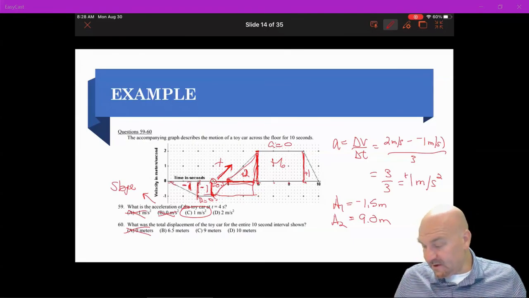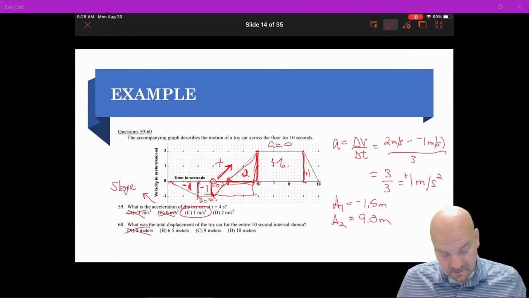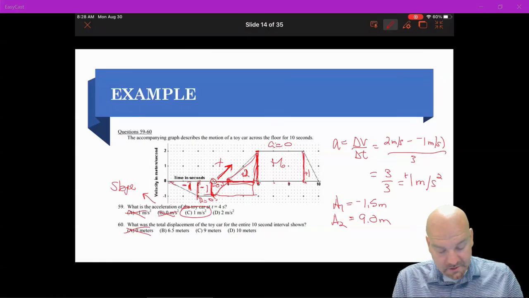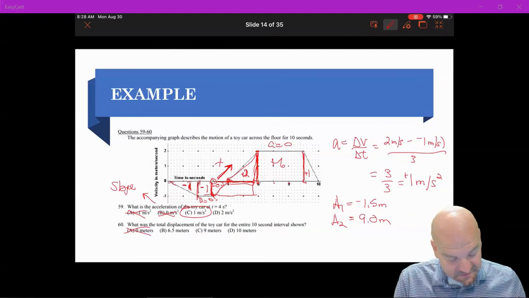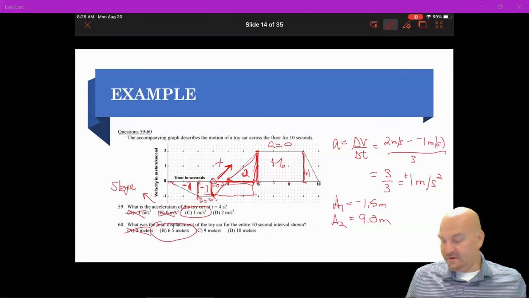So if I add all those up: -1 plus -1 plus -0.5 plus 2 plus 6 plus 1. And lo and behold, I thought it would equal 7.5, but it actually does equal 6.5.